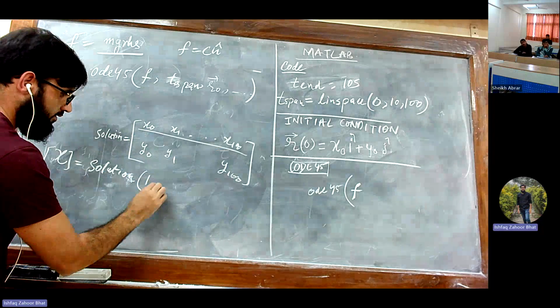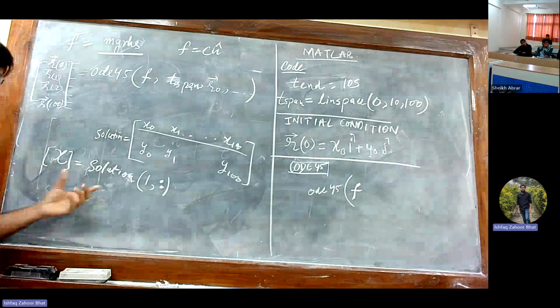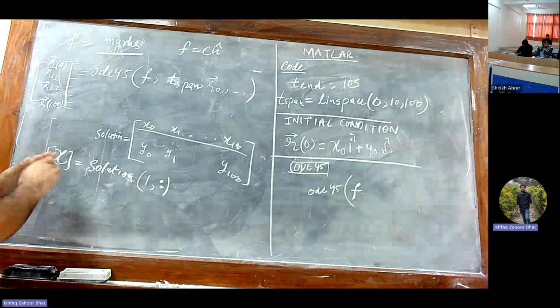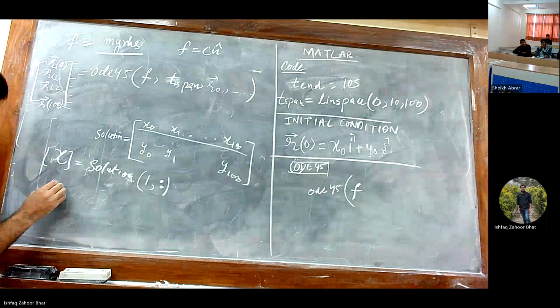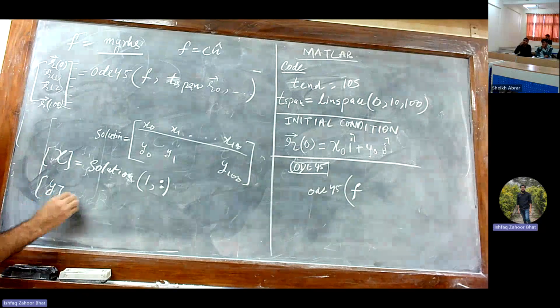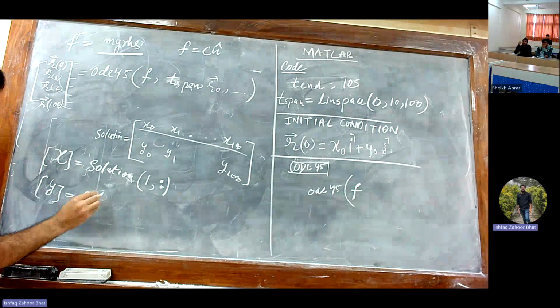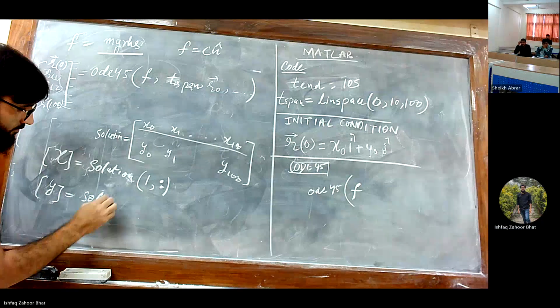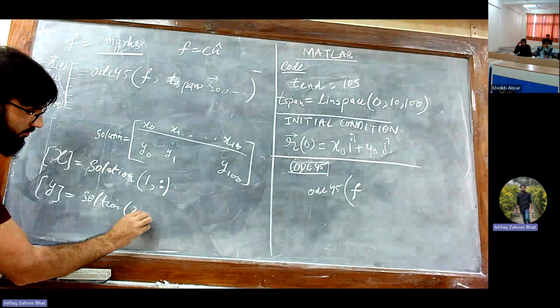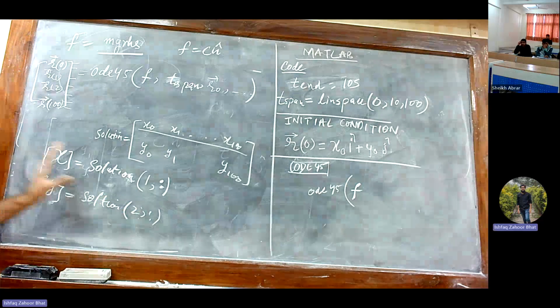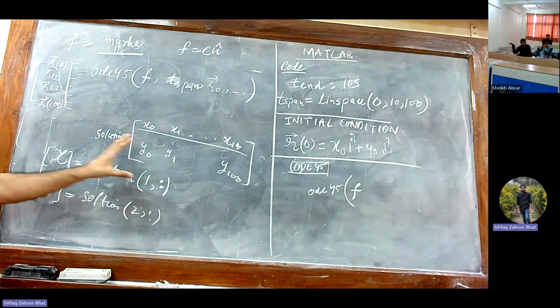So 1, comma, colon. When you write this, it will give you the whole row. Similarly, all the y's will be equal to solution 2, comma, colon. So you get all the y's.